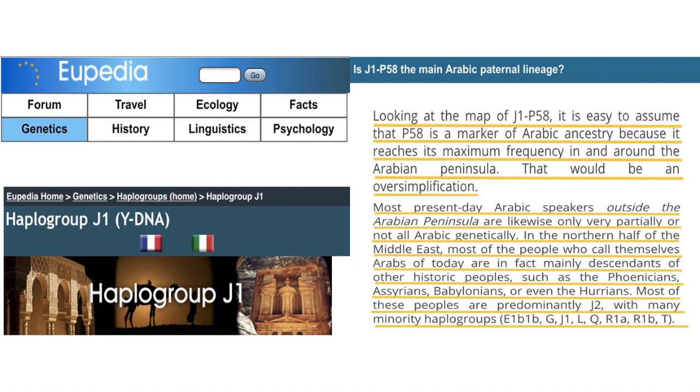In the northern half of the Middle East, most of the people who call themselves Arabs of today are in fact mainly descendants of other historic peoples such as the Phoenicians, Assyrians, Babylonians, or even the Hurrians." And I put my money highly on the Hurrians. "Most of these peoples are predominantly J2, with many minority haplogroups such as E1b1b, G, J1, L, Q, R1a, R1b, and T."